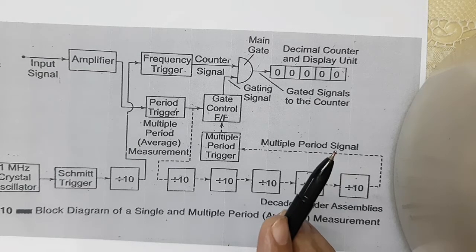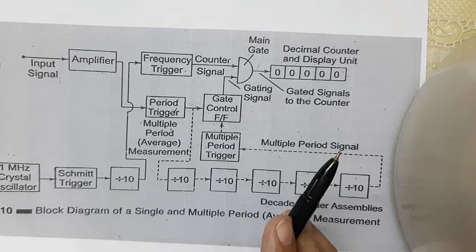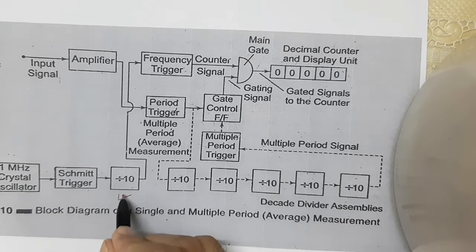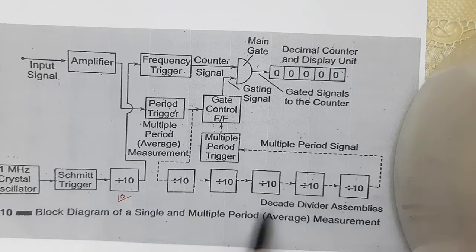So that the gate is now enabled for a much longer interval of time than it was with a single DDA. If we are using a single DDA, and if we are using 5 more assemblies, then it is enabled for a much longer interval of time than with a single DDA.